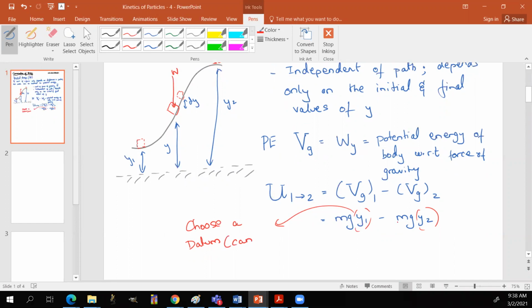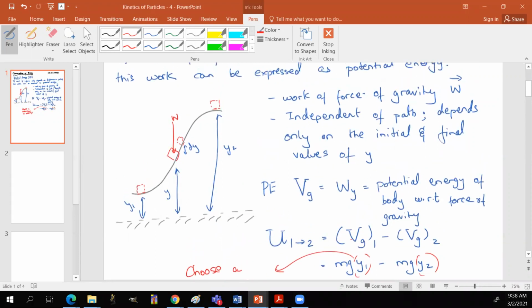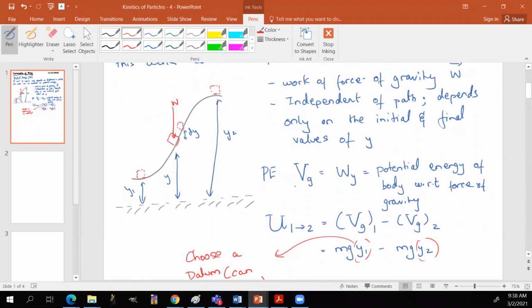No matter where you choose it, that constant will just be deleted out in this expression over here. All right, so this can be arbitrary, which just means that you can choose it wherever you want it to be. All right, so this is the potential energy due to gravity close to the surface of the Earth.